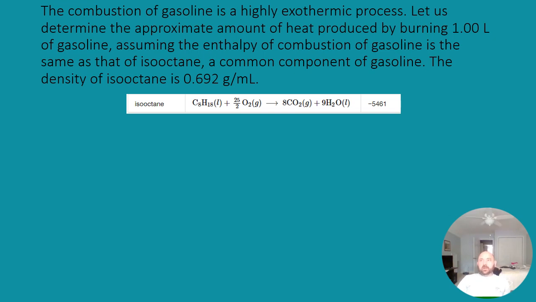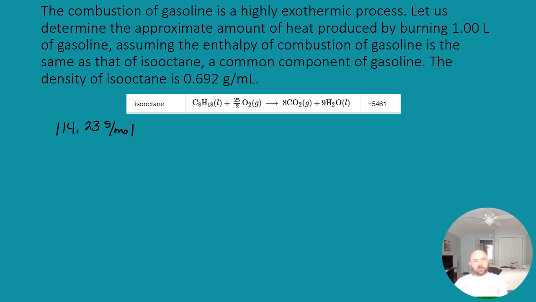The molecular weight of isooctane is about 114.23 grams per mole. So we're going to note that down here so that we don't forget: 114.23 grams per mole for isooctane.